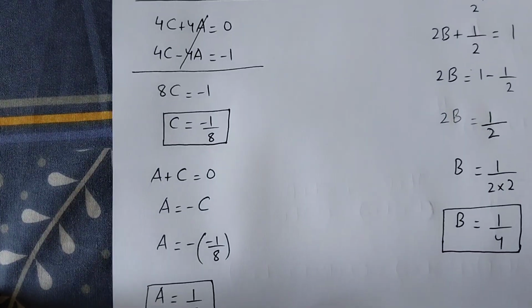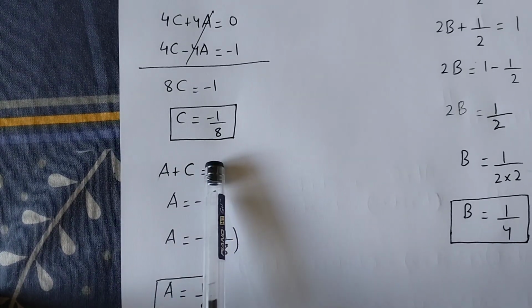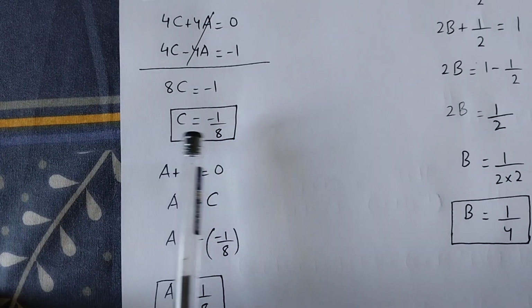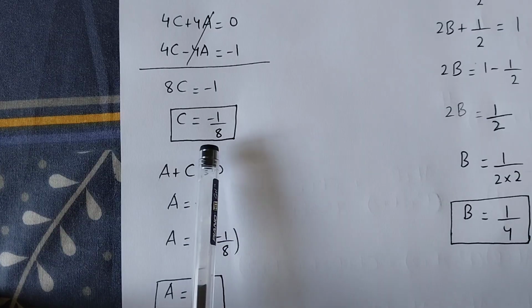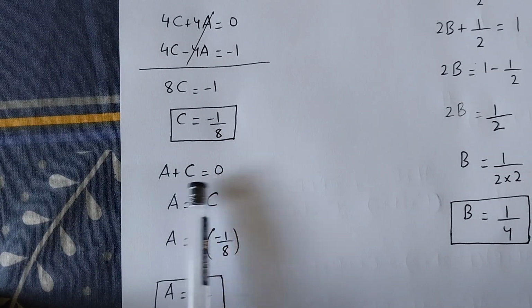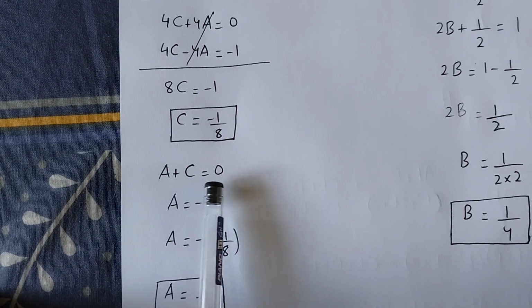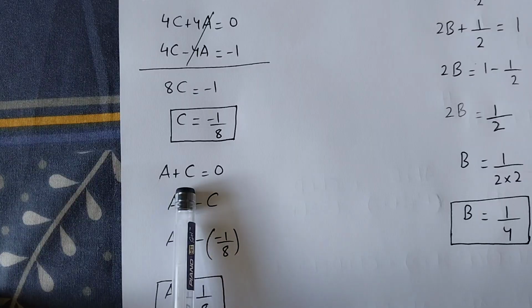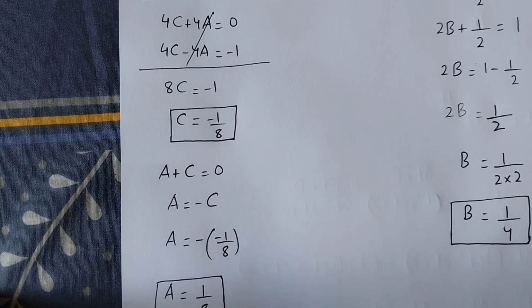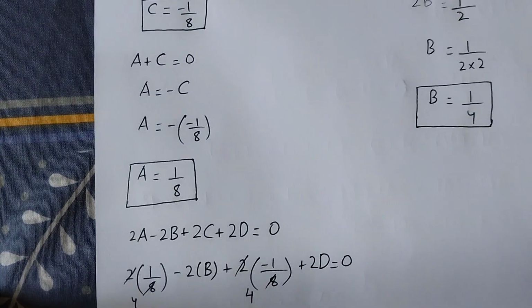From here we get c is equal to minus 1 by 8, because 8 was being multiplied on this side, so it will be divided on the other side. We put this value into a plus c equal to 0, the first equation, and we get a is equal to 1 by 8.